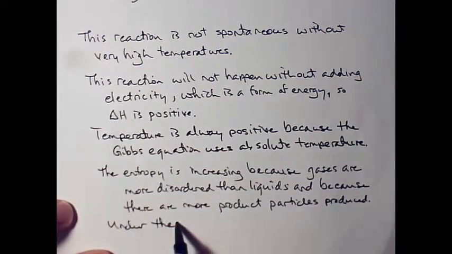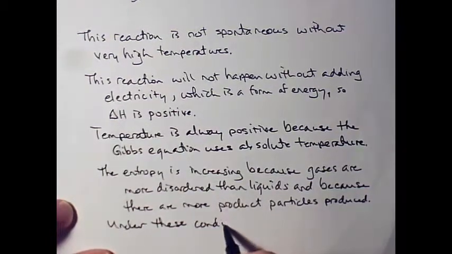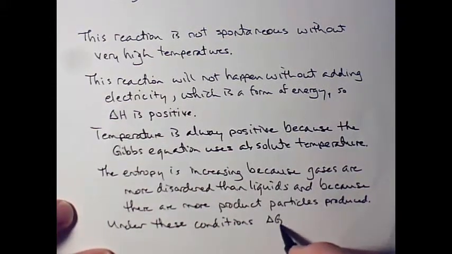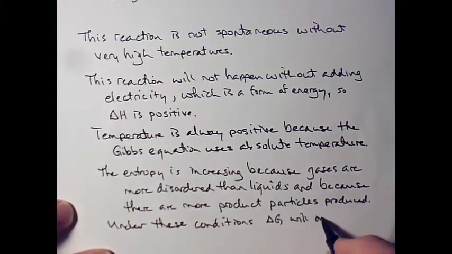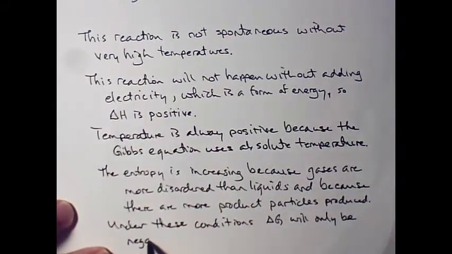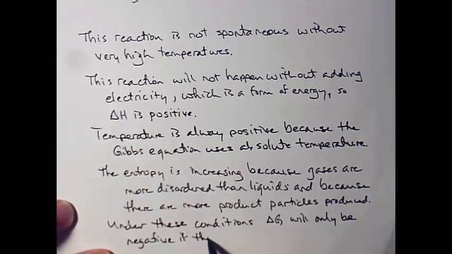Under these conditions, delta G will only be negative if the temperature is high enough.